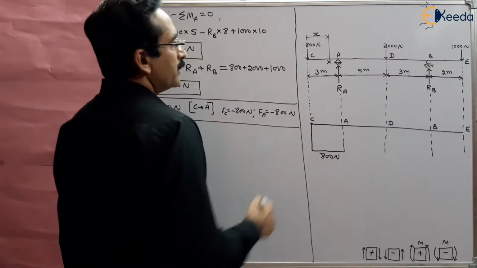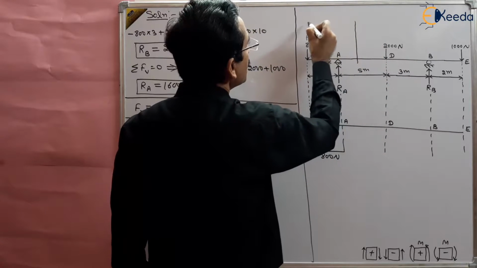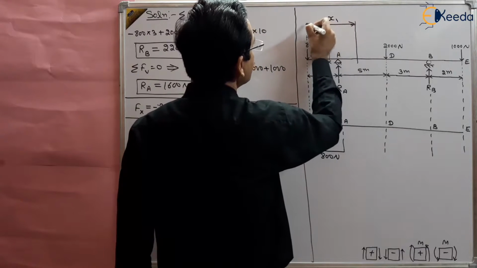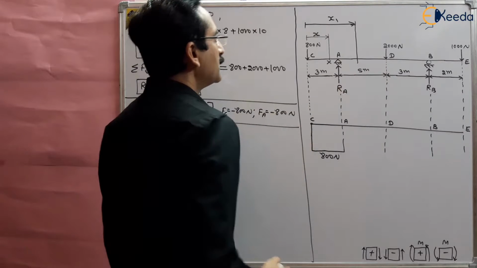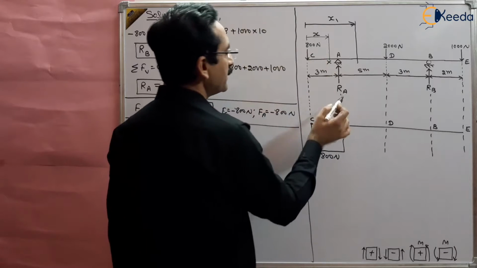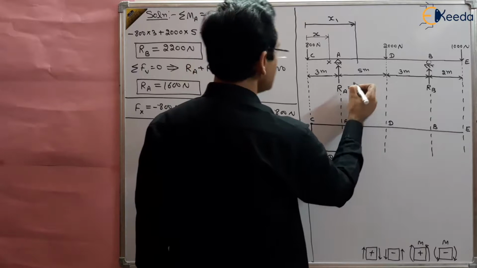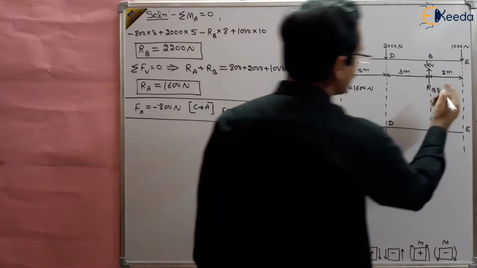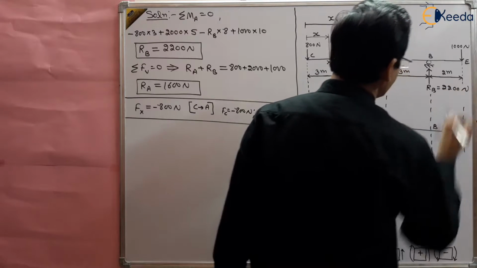Now between A to D, let us take one more section between A to D, like this. Say the variable is x1, between A to D. Sum of all the forces to the left of this section. One is 800, another is Ra, and Ra we have obtained, that is 1600 Newton, and Rb is also obtained, 2200 Newton.